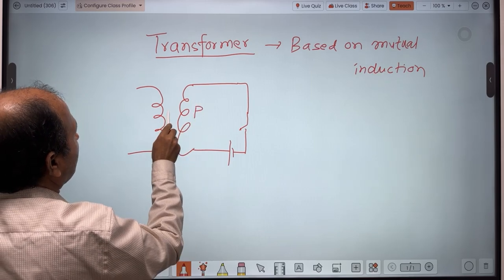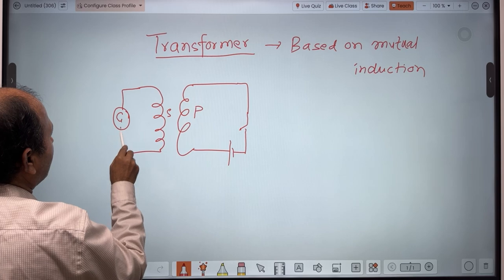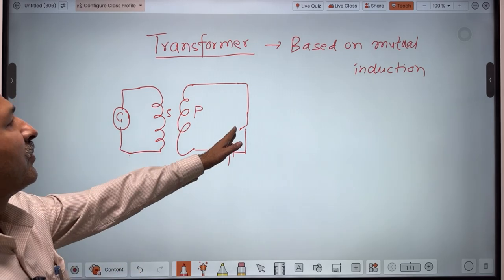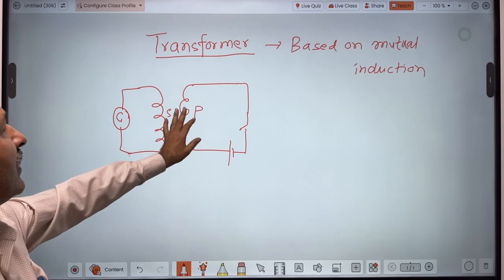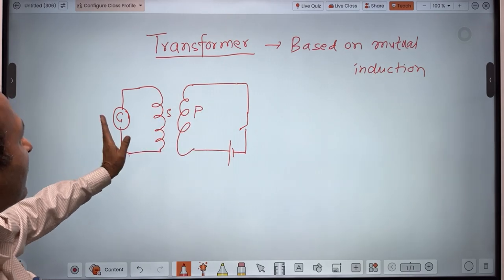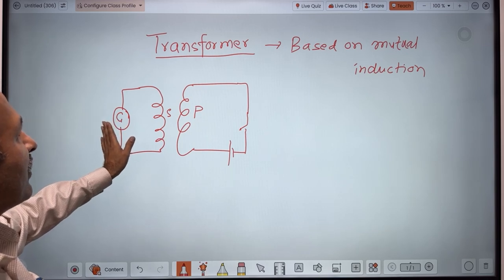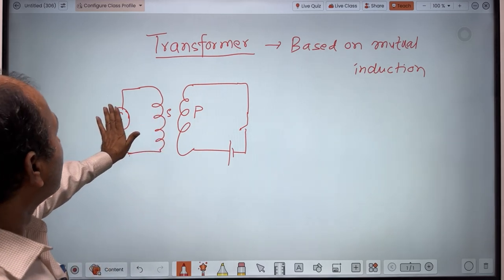Suppose this is, say, primary coil, this is secondary coil, and it is connected through a galvanometer. When this tapping key is pressed on, current will flow in it, then there will be flux change in this, and because of that there will be deflection in galvanometer. So on this principle transformer is also based.